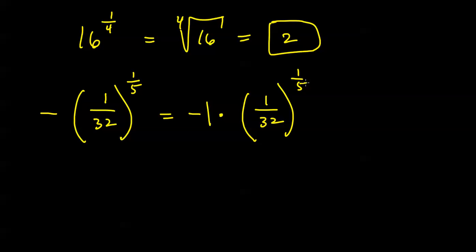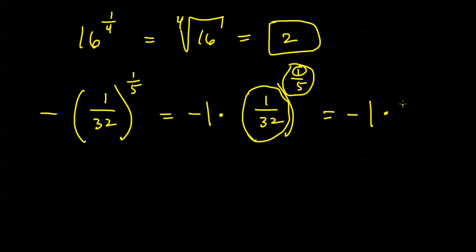Exponent first, multiplication later. Alright, what's 1/32 to the 1/5 power? Well, if my numerator is 1, I just take my denominator root. Hang on. I'll carry that minus 1 factor to my final answer.